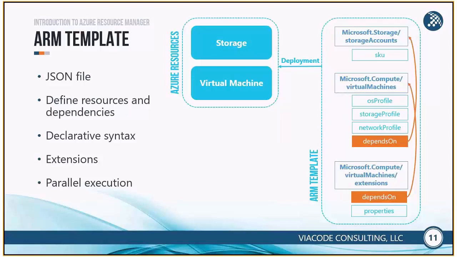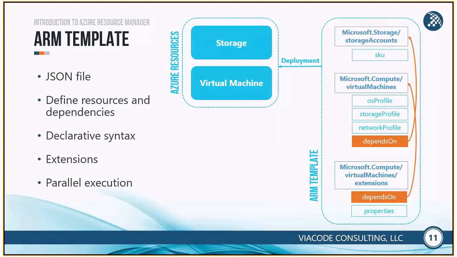The syntax of ARM templates is declarative. What does it mean? You focus only on the intention, like, I need a big white house with 2 floors, instead of particular steps and checks during every step.